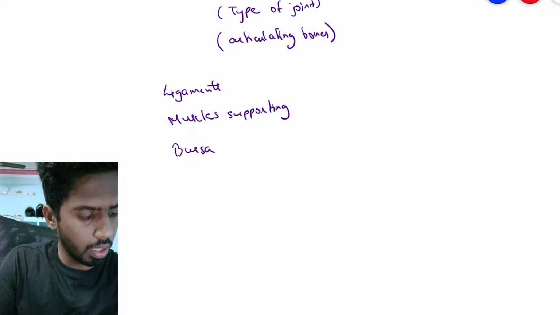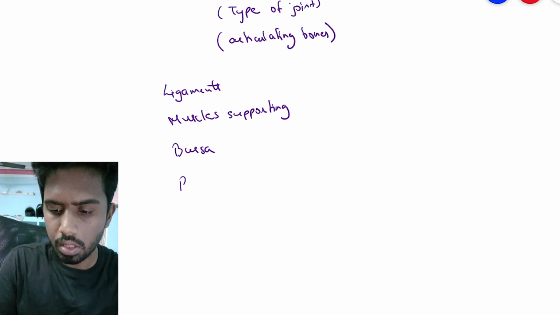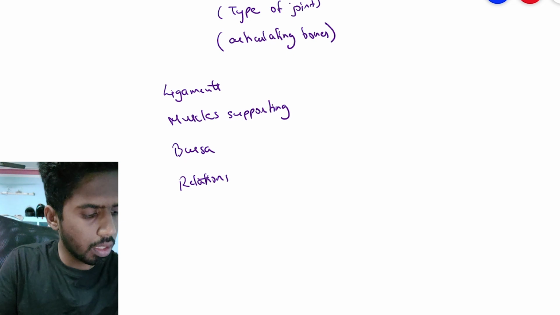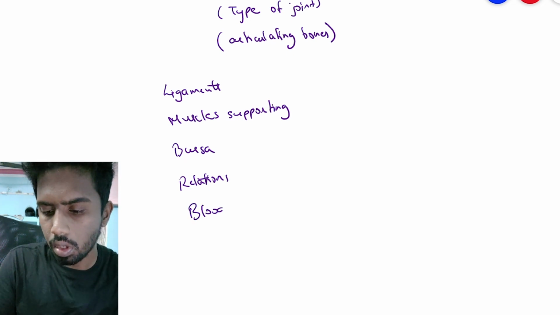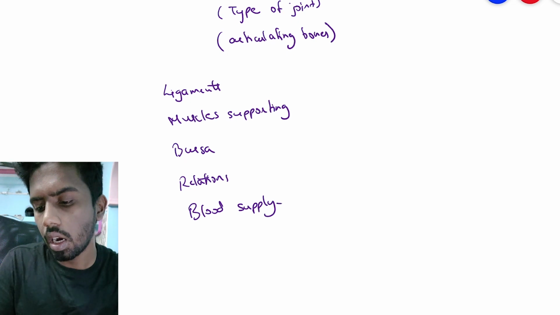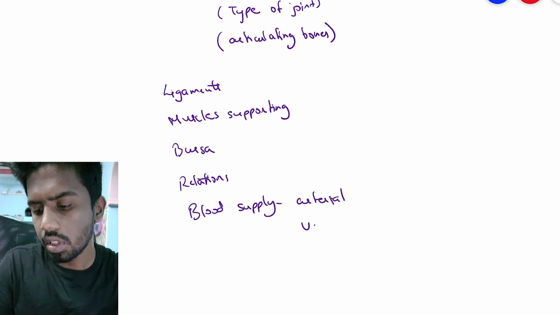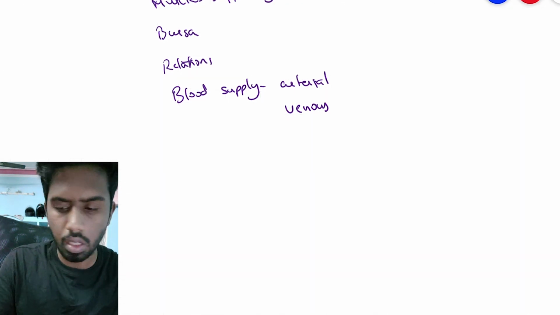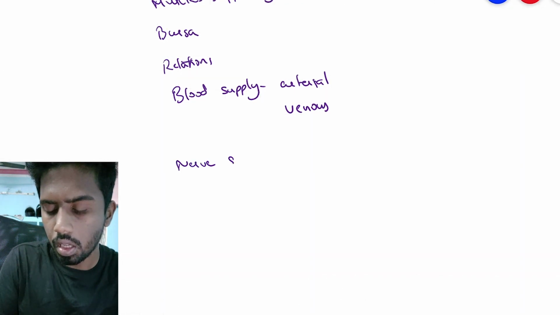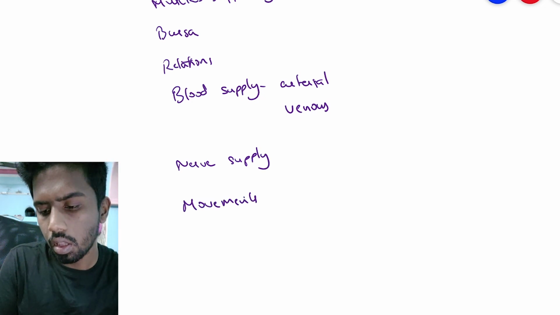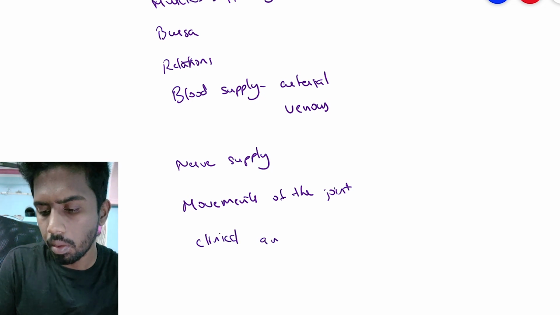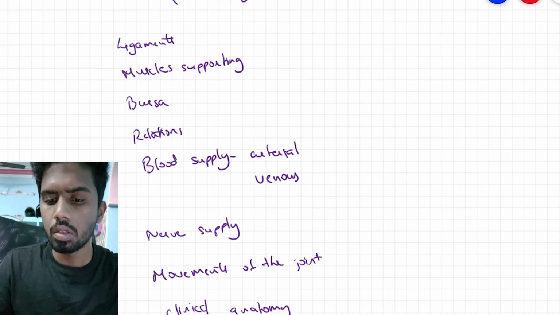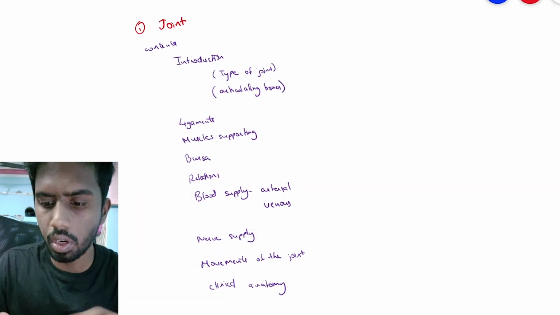Then you move on to the relations, then blood supply, which will include the arterial and venous drainage, then nerve supply, movements of the joint, and finally clinical anatomy. So these are all the headings you're going to write your joint essay on.